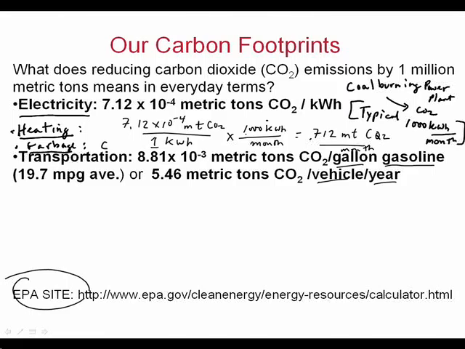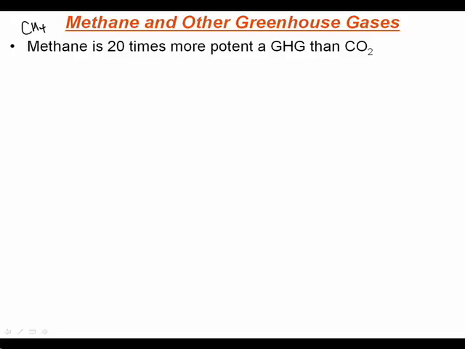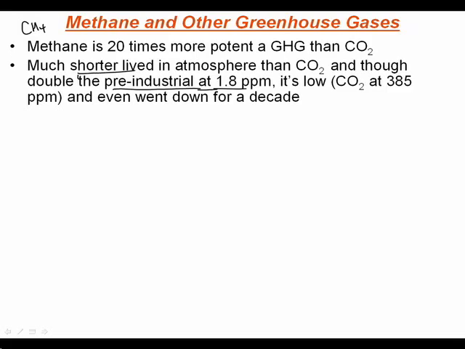It's quite fascinating. Okay, let's look at some other greenhouse gases. Methane is, remember, CH4, the simplest organic species. Methane is 20 times more potent a greenhouse gas than CO2. Why don't we talk about it though? Because it's so short-lived. It has doubled, but it's much, much less than CO2.